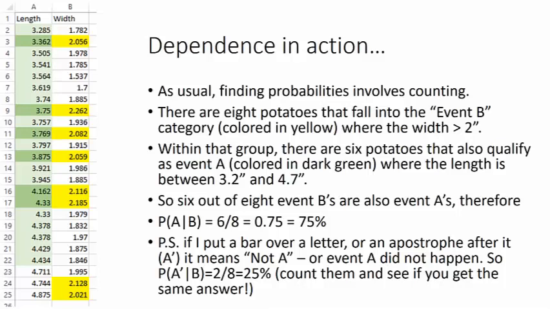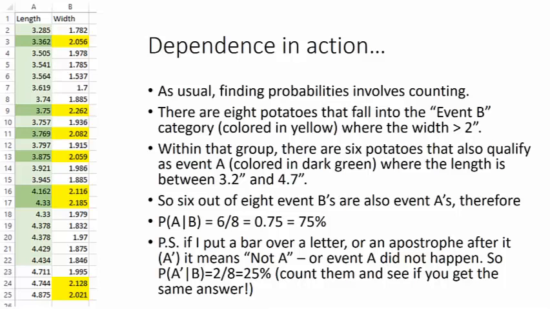Counting again, 6 out of those 8 yellow rows, because each represents the whole row, 6 out of those 8 event Bs are also event As. Therefore, the probability of A given B, that's how you read aloud P(A | B), is 6 out of 8, or 0.75, or 75%.